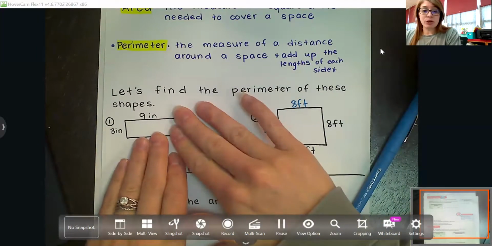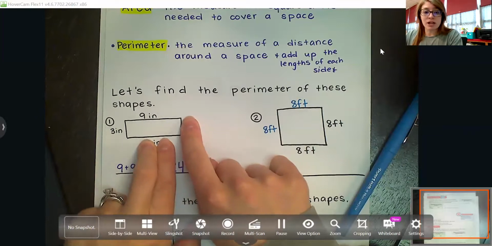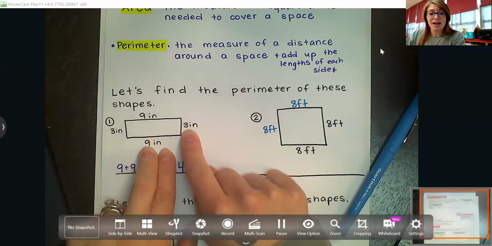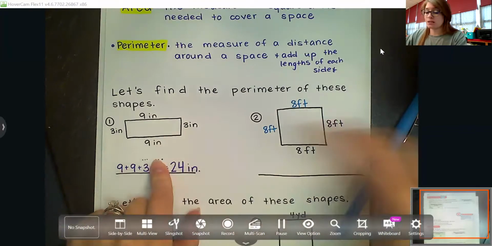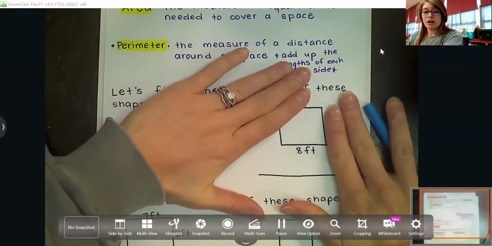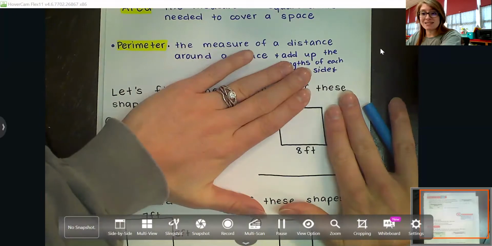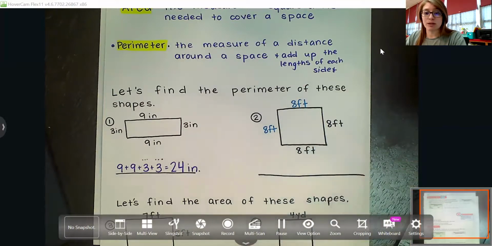Okay, kind of like right over here. We had 9 inches and 3 inches. Well, we know with rectangles that opposite sides are equal. So even if we were not given those measurements, we can deduce that the opposite sides would have the same measurements. Okay, now this is a square. If we were only given that measurement, because it is a square, we could also figure out that all 4 sides would have that 8 feet measurement.